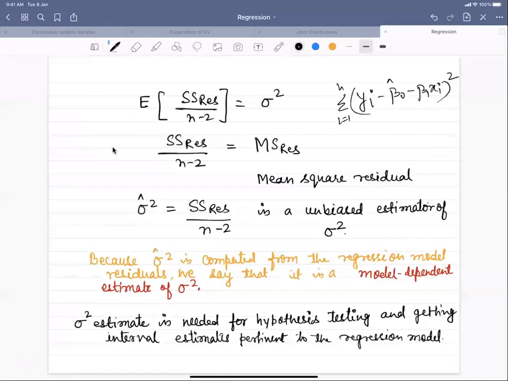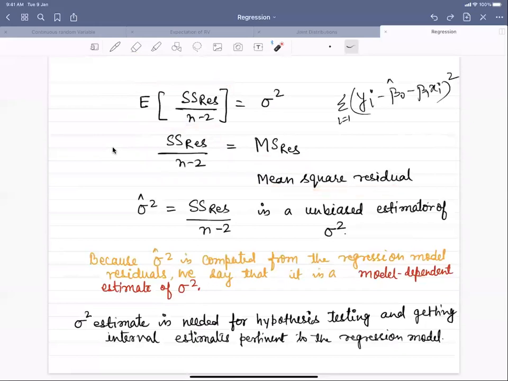These values are the sum of squares of residuals. So the expectation of the sum of squares of residuals divided by n minus 2 is an unbiased estimator. So often we will use this to compute sigma square. This term is sometimes called mean square residual, MS residual. Sometimes this is also referred to as mean square residuals.